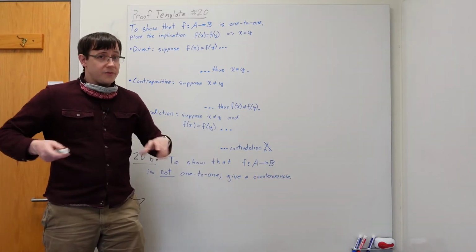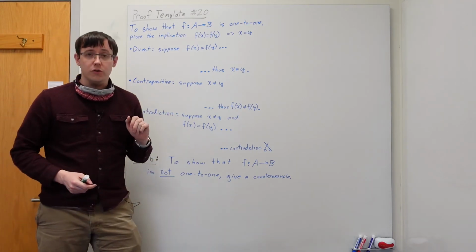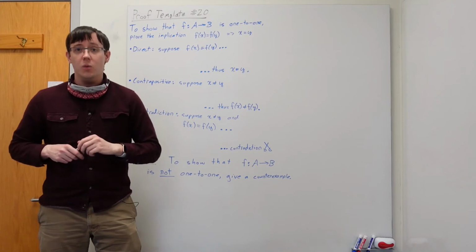So let's think about some functions that operate on infinite sets, where we will need our proof templates in order to show that they are or are not one-to-one.